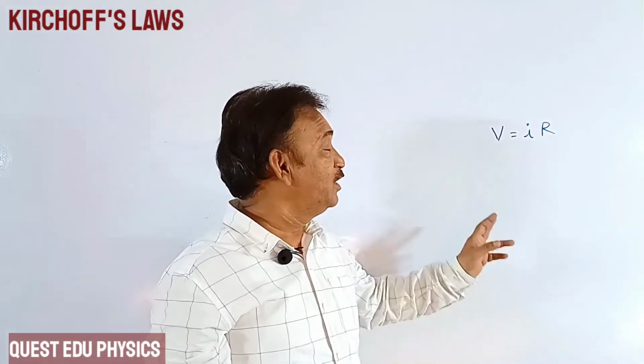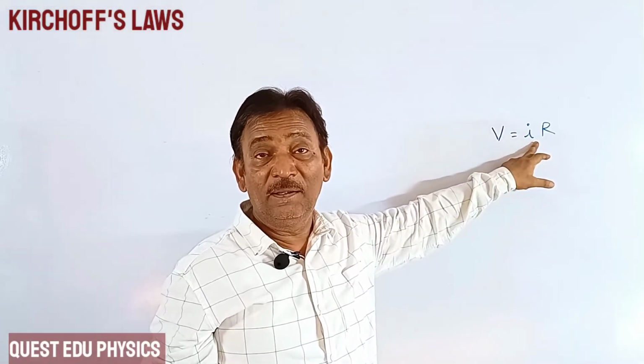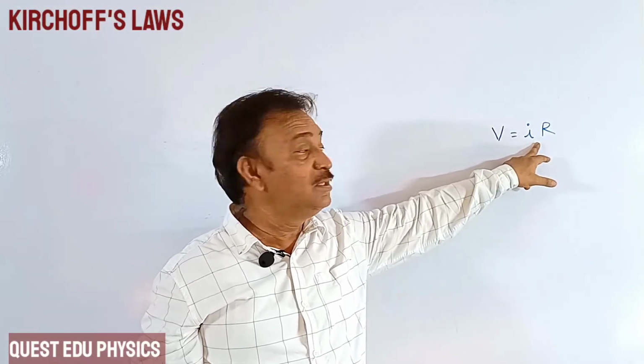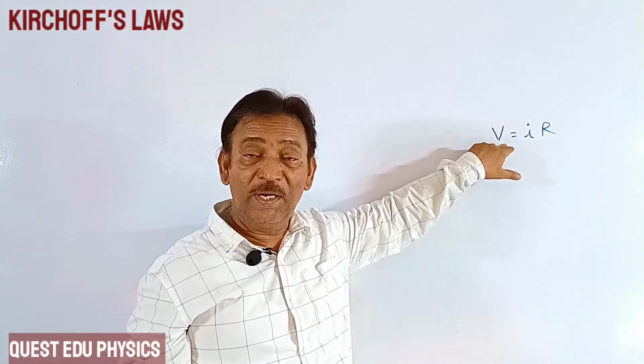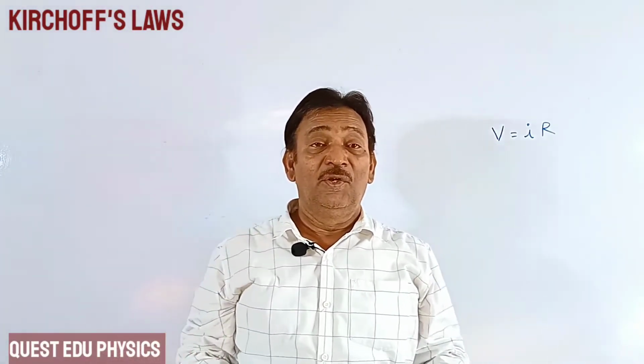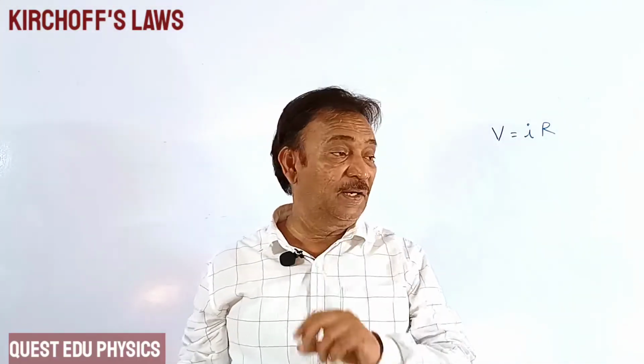Okay, students, watch it. If you are not aware of this, you know that current is the rate of flow of charge in a given time, students, and potential difference is the amount of work done to bring a unit positive charge from infinity to a point in an electric field.